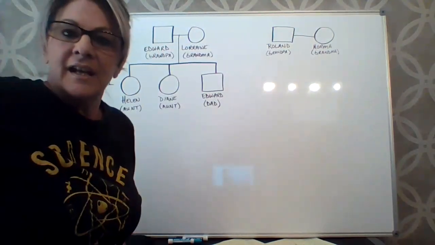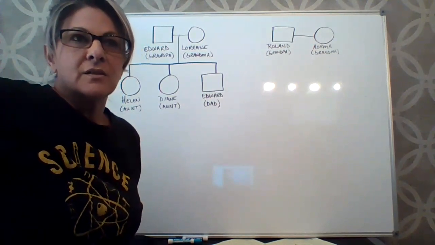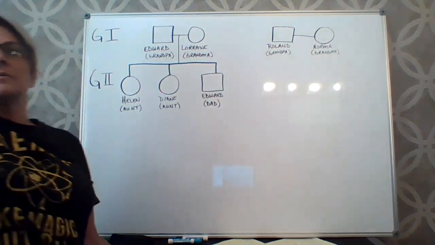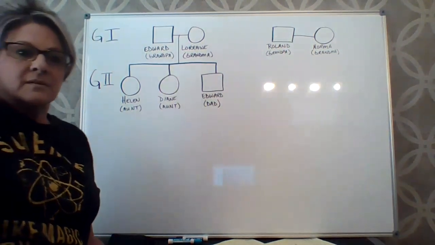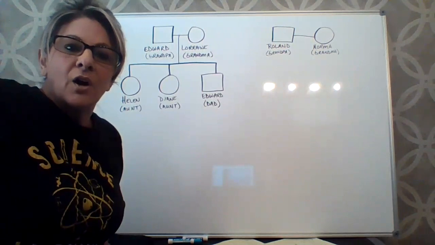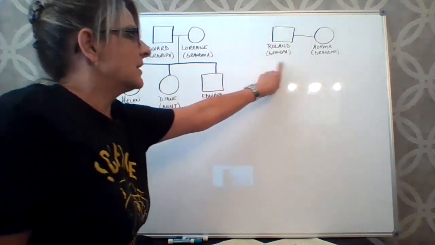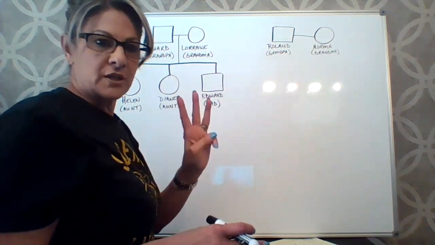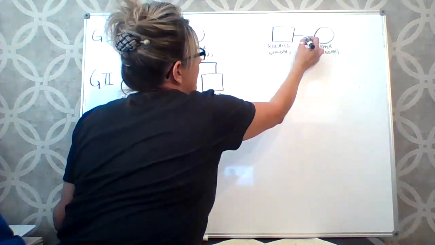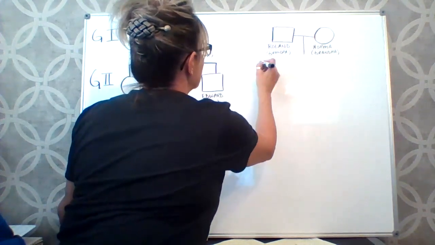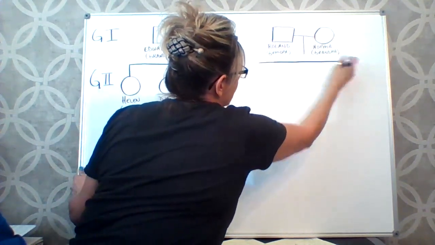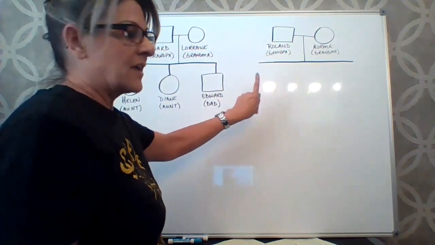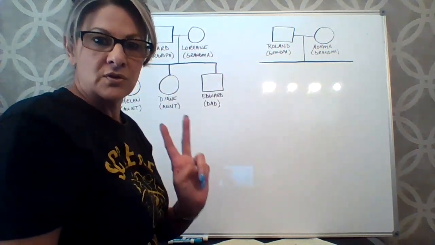Okay, so now Raleigh and Norma were married, obviously, and they also had 3 children. So we're going to draw that line of descent here, and then we are going to draw a sibling line to attach their children. Now, of their children, they had 1 daughter and 2 sons.